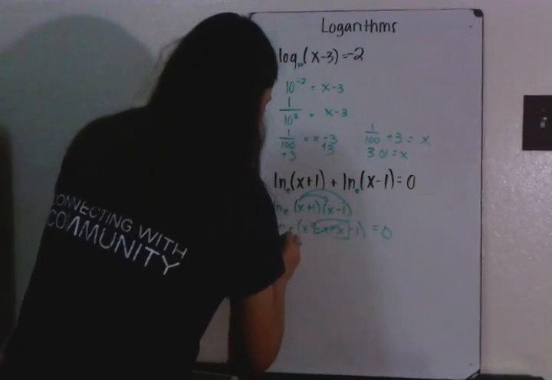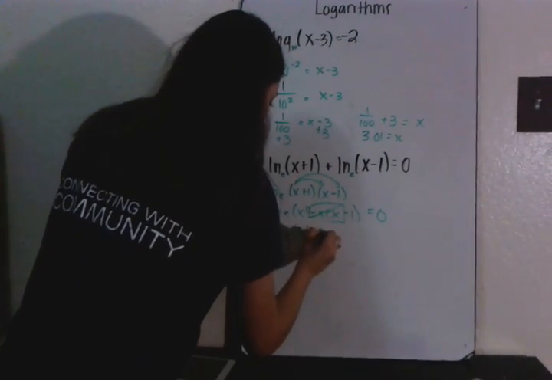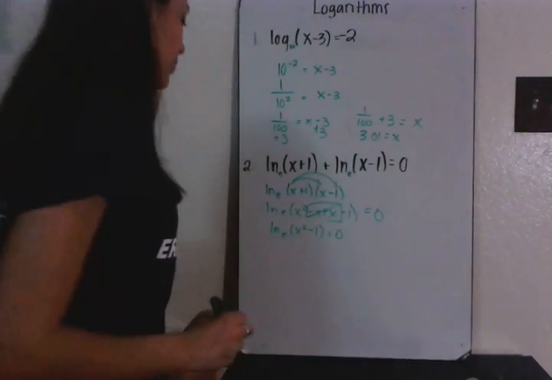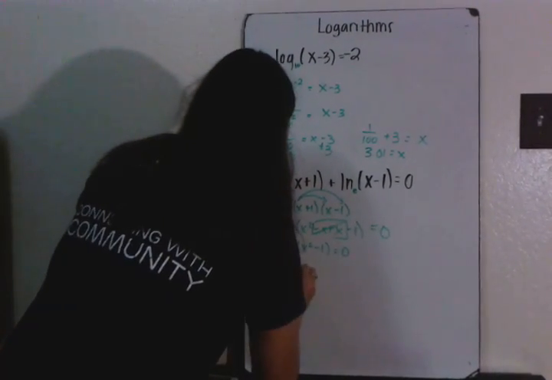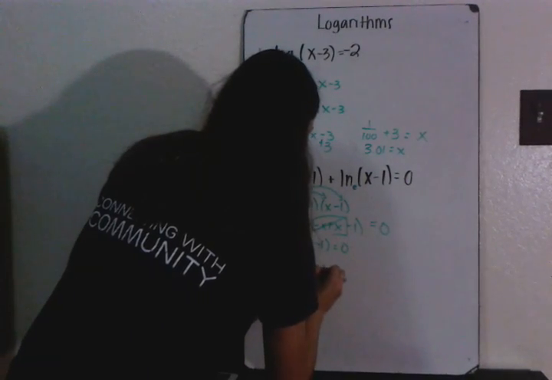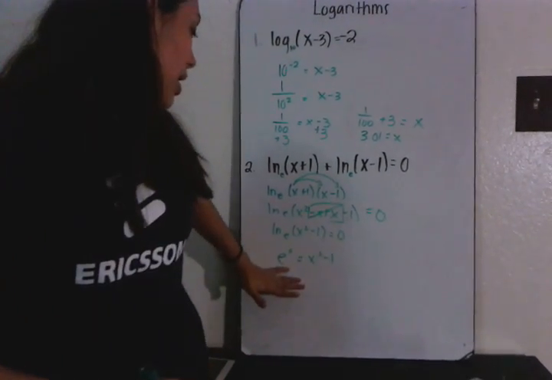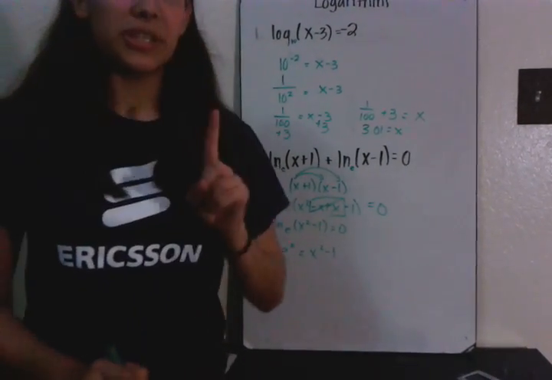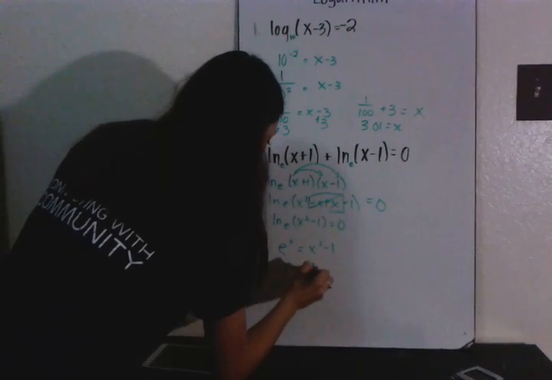Now you can simplify this. These cancel out, so you're left with ln base e of x squared minus 1 equals 0. So now you're going to do the same thing that you did here. You have base e, exponent 0, is equal to x squared minus 1. Any number to the power of 0 is always going to be 1. So e to the power of 0 is 1, which is equal to x squared minus 1.